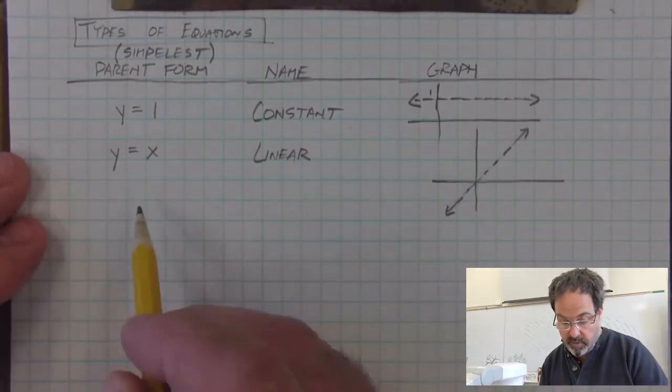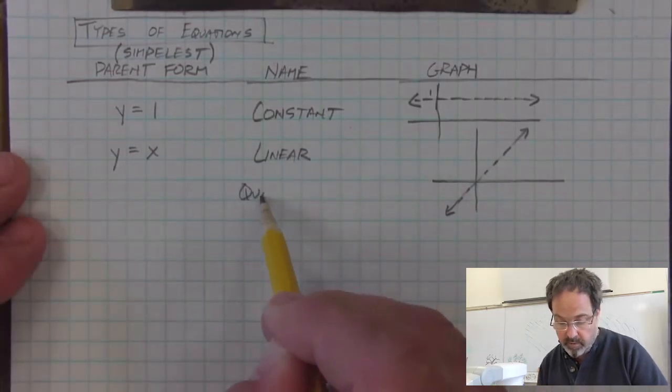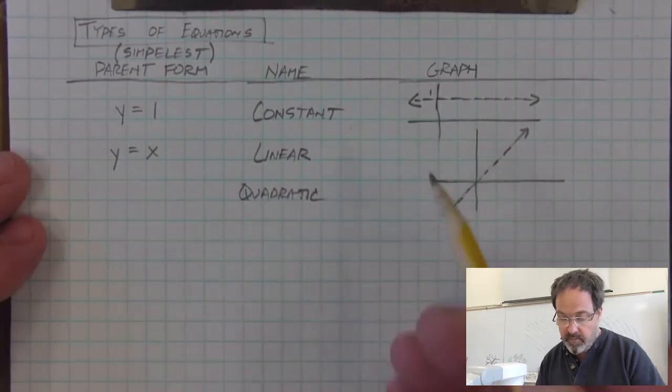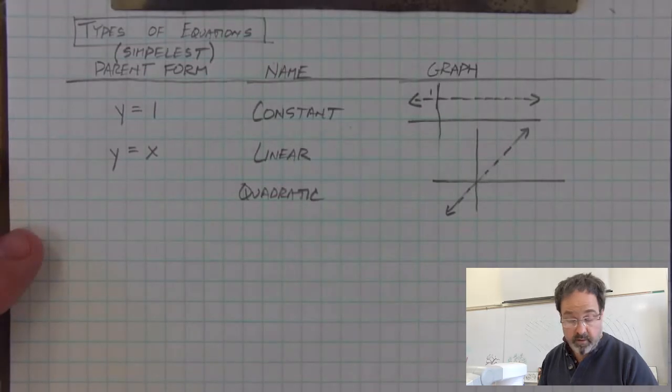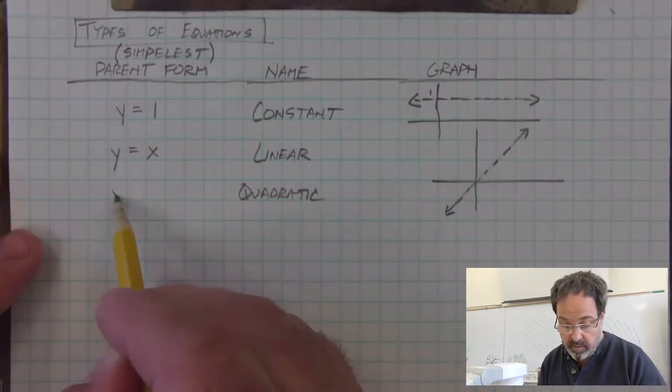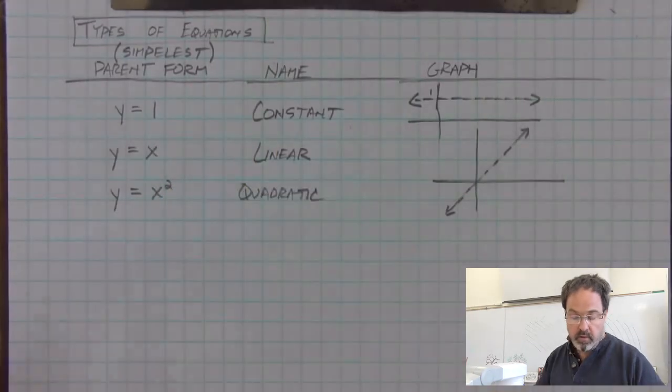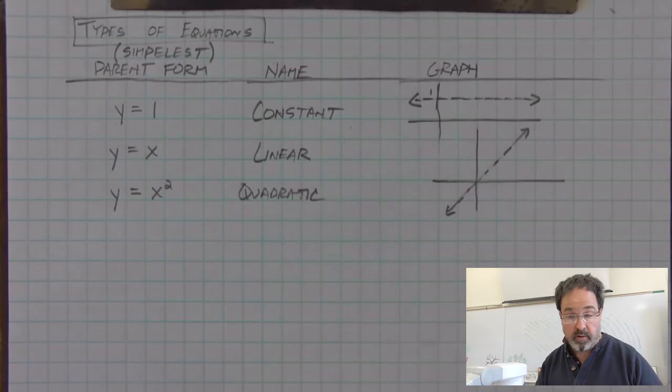Another family of equation we call quadratic. The very simplest quadratic equation that we can write is y is equal to x squared. What makes a quadratic equation quadratic is that the variable is being squared.